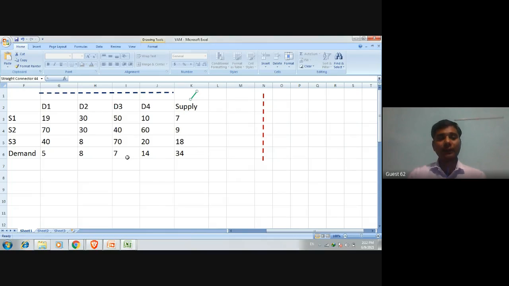Suppose that S1, S2 and S3 are your plant or factory, the source from where you have to send your product.